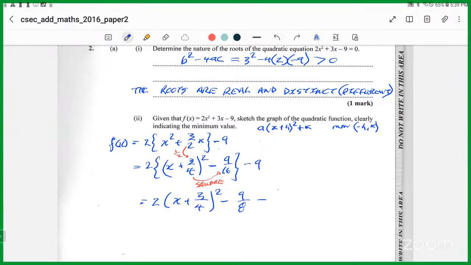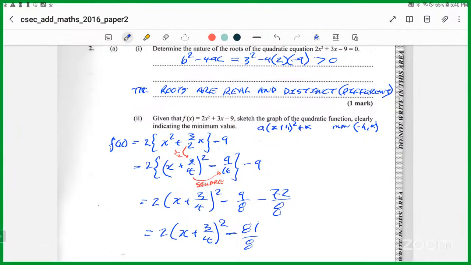So 9 multiplied by 8 over 8, so we can have the same denominator, is 72 over 8. And 72 over 8 and 9 over 8, because both are negative, is 81 over 8. So it becomes 2 into x plus 3 over 4 squared minus 81 over 8.